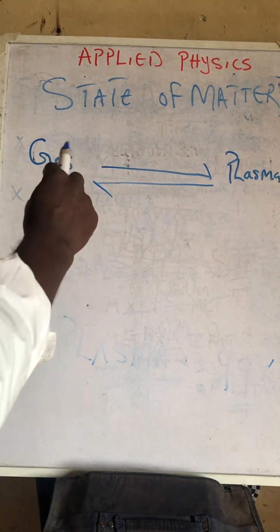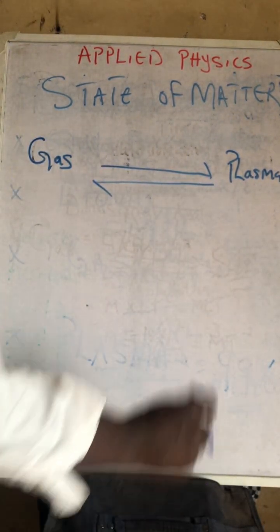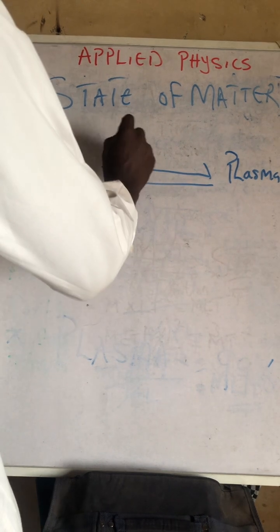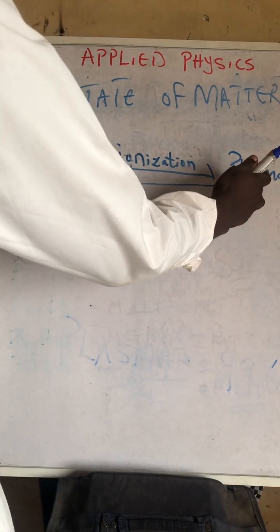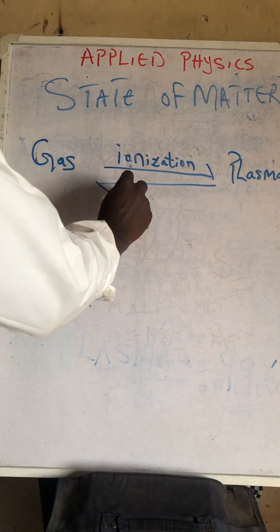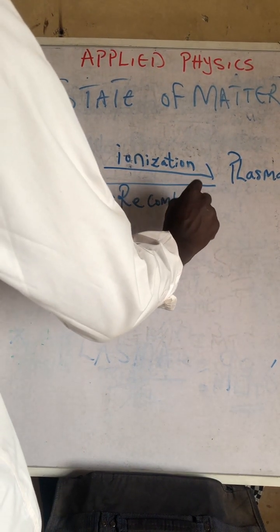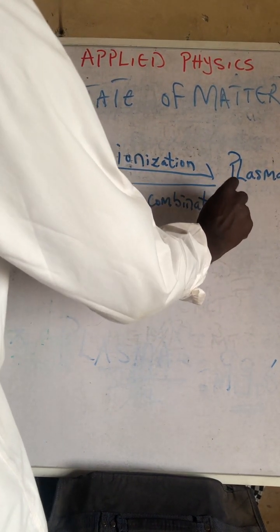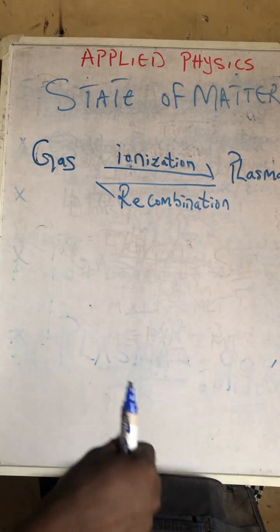The process whereby the substance moves from gaseous state to plasma state is called ionization. Then from plasma state to gaseous state is called recombination. Because of time, I will not be giving you a detailed note yet on this, but I will do that later.